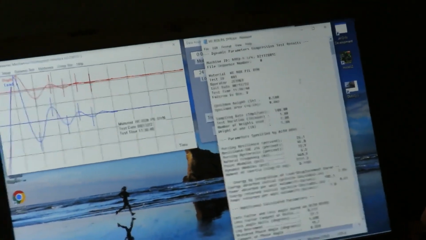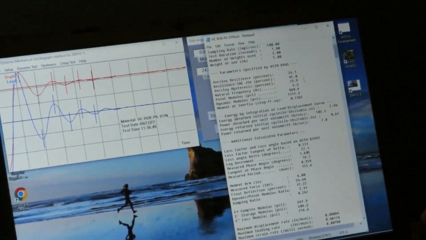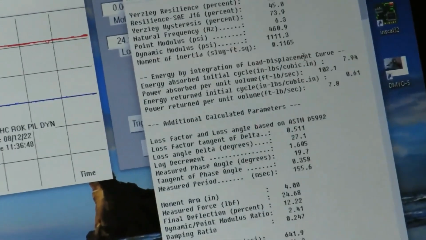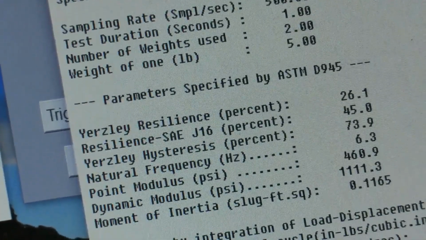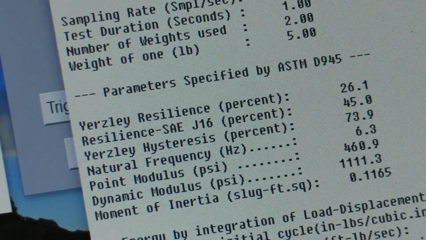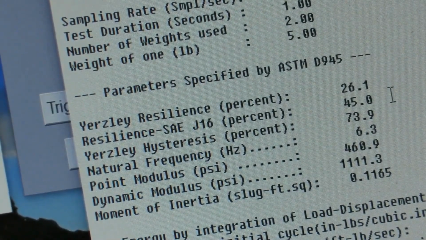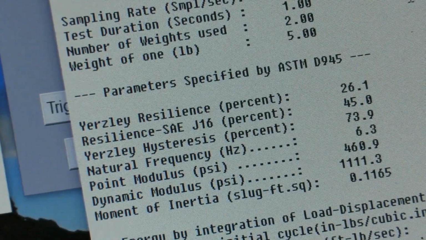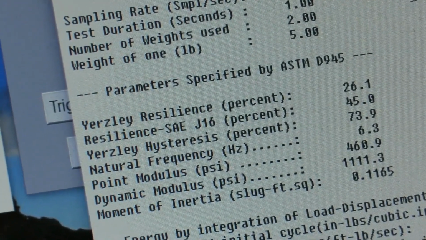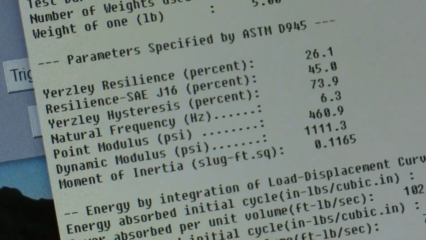Then we have a tabulation of outputs, and this tabulation is where the data is critical. Just for example, we would like to point out the Yerzley resilience and its group underneath, which is common in D945-22, the latest version of the test method of ASTM.